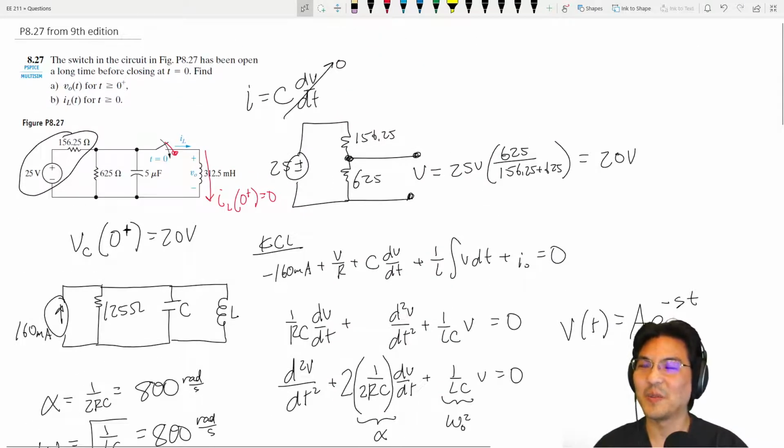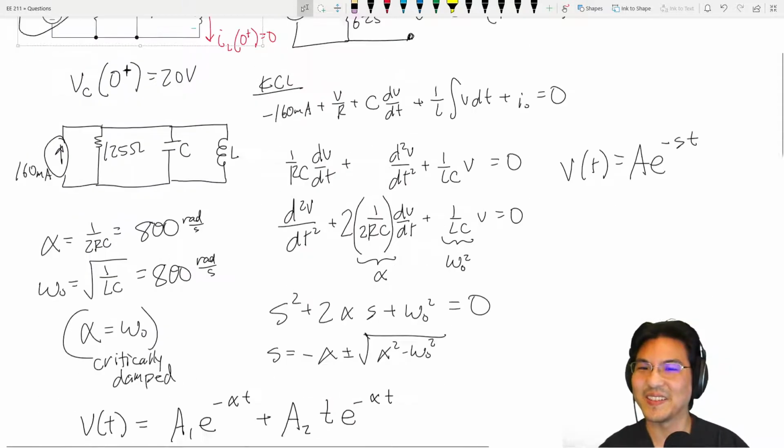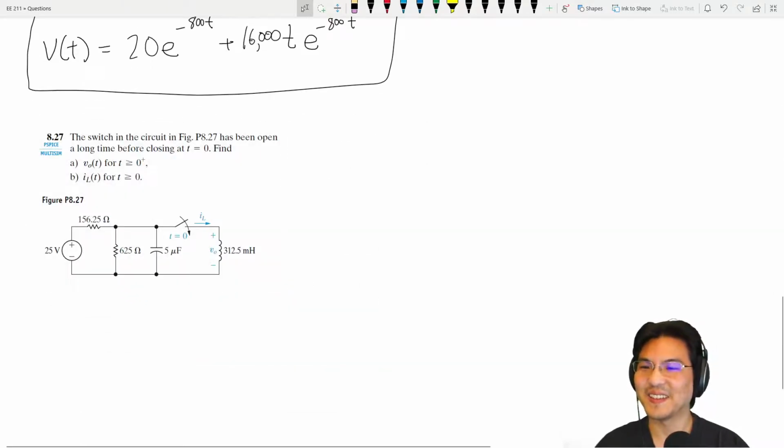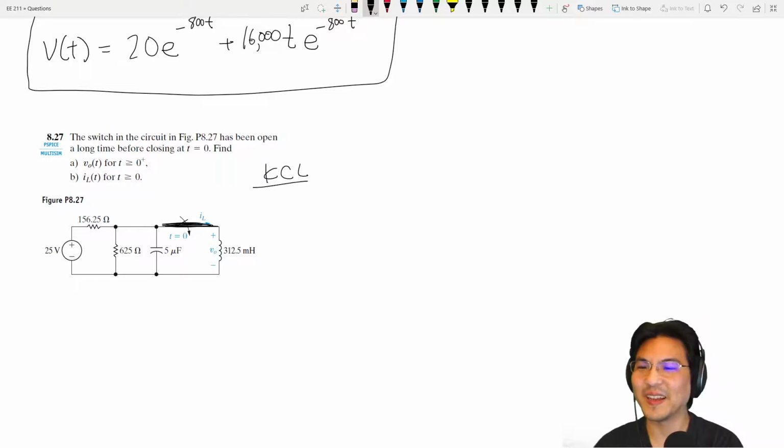Okay, part B, what is the current through the inductor? So that is an entire separate question. Okay, so let's just take a look at this. After the switch is closed, KCL, what do we got? Let's use the other picture.